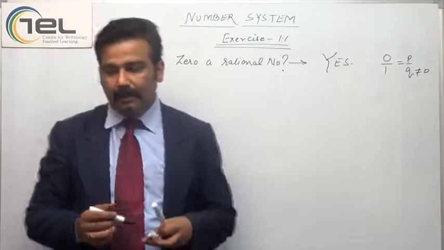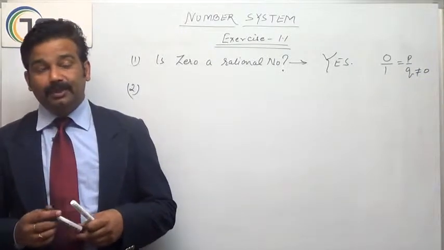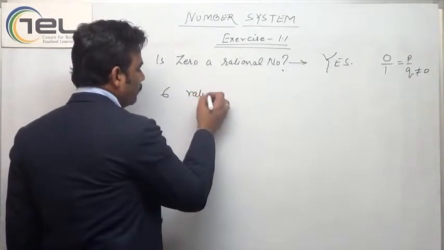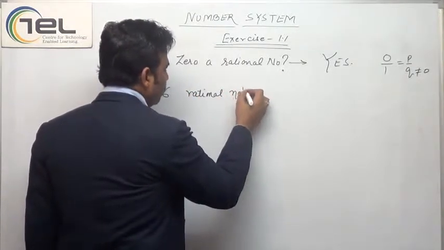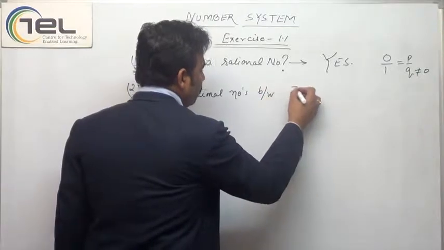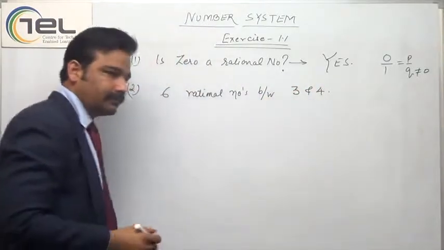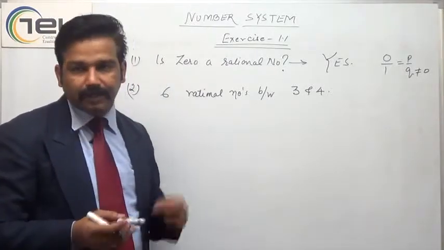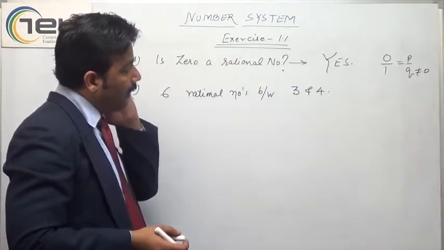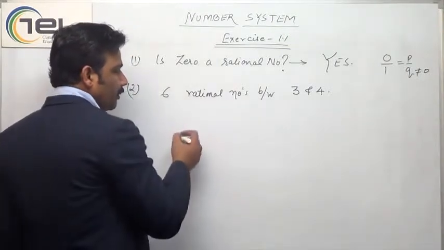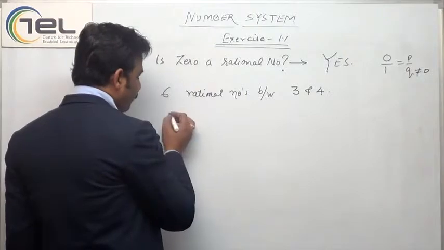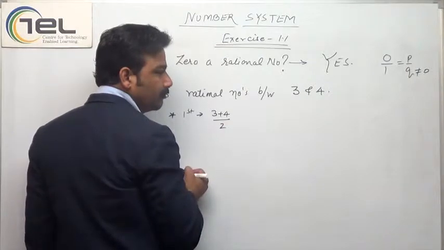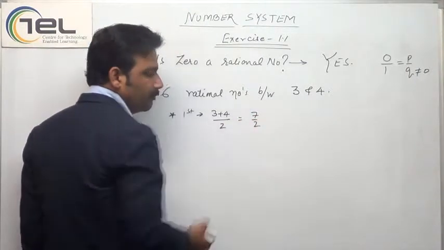Second one. Find 6 rational numbers between 3 and 4. How will you find? There are so many ways in which we can find, and one of the ways: the first number can be 3 plus 4 by 2, which is 7 by 2.